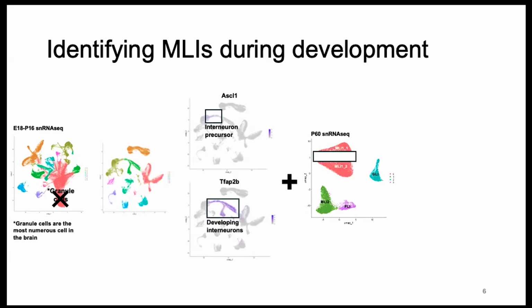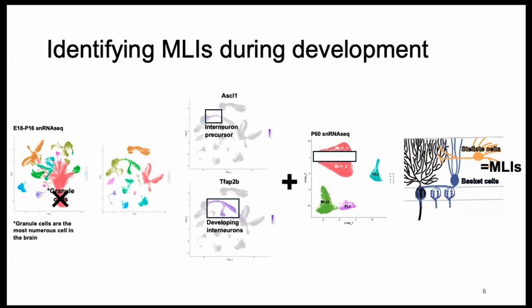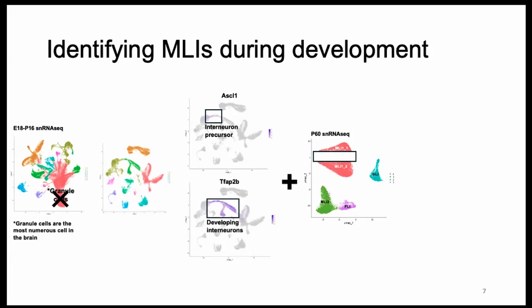But I should note that the molecular layer interneurons were separated into two subpopulations in the adult RNA-seq data set as MLI 1.1 and 1.2. And these are the cells that we'll focus on. So I should remind you that the MLIs are the stellate cells and the basket cells.